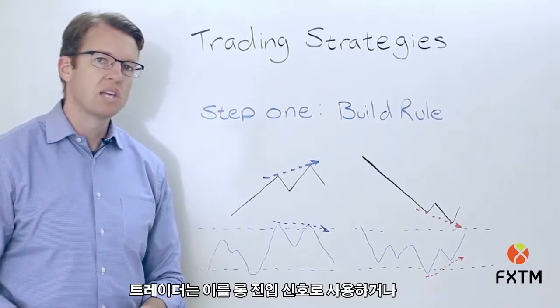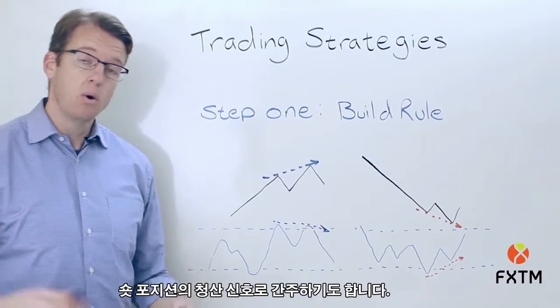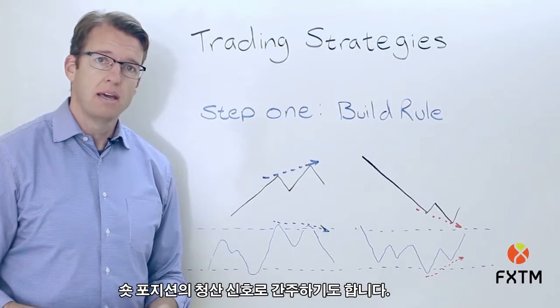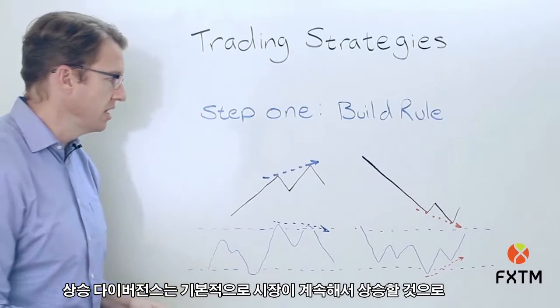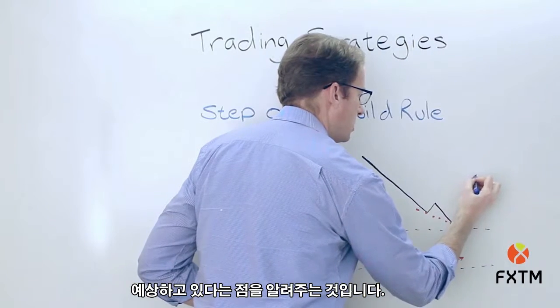A trader would use that as a signal to go long that particular exchange rate, or alternatively, this could also be seen as an exit signal for a trader who's in a short position, and the bullish divergence is basically telling them that the expectation is that the market is going to continue to the upside.